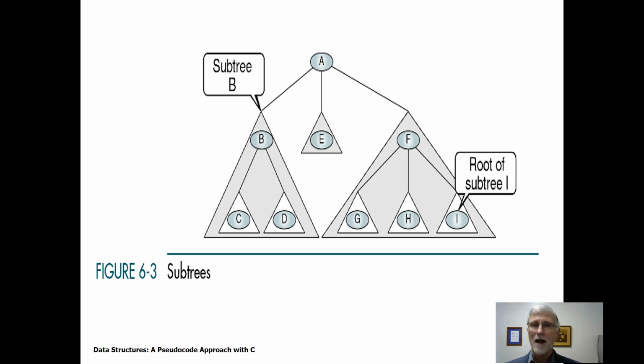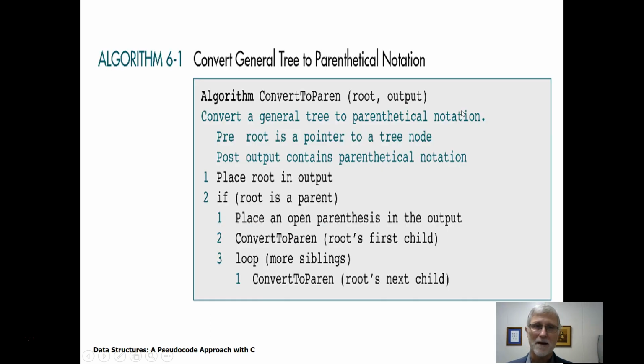Well, this is where recursion becomes key in making the algorithms for processing these trees very easy to understand. A subtree can even be a single node, which just doesn't have any children associated with it. So just keep that in mind.